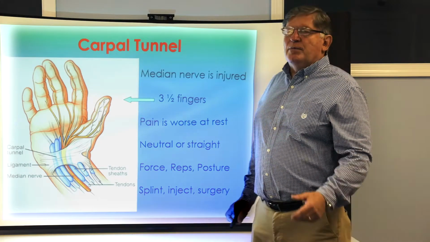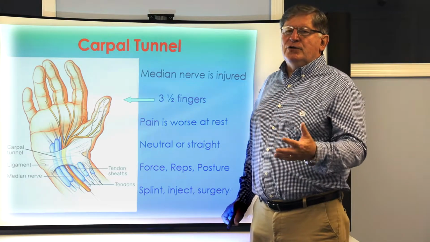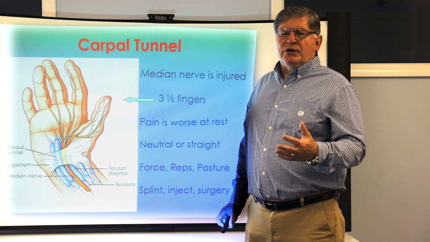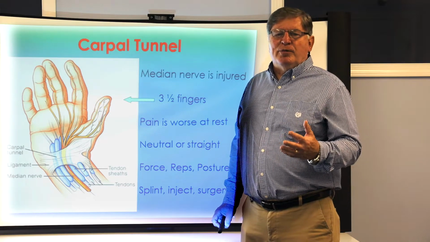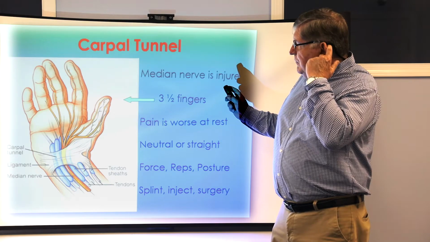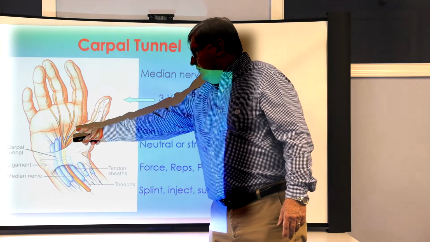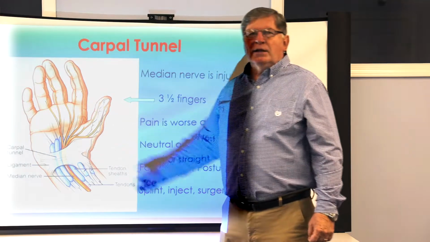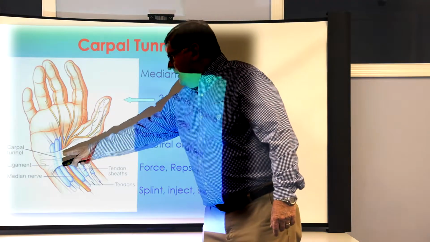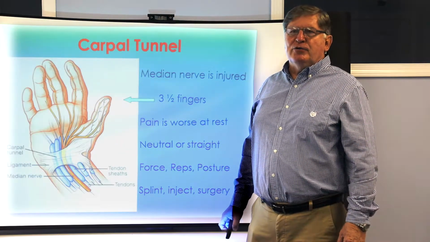Now let's talk briefly about carpal tunnel, since that is one of the concerns that has really become an issue for us since the introduction of computers and many more people using keyboards. Carpal tunnel is an irritation of the median nerve, which runs through a tunnel, an opening, formed by a ligament at the base of your palm and upper part of your wrist.